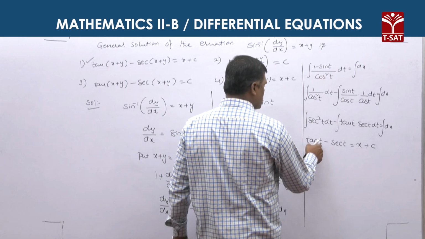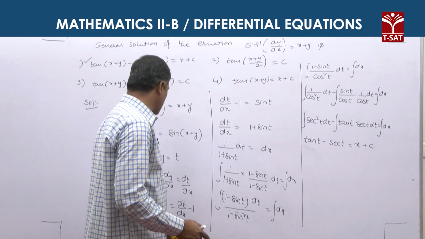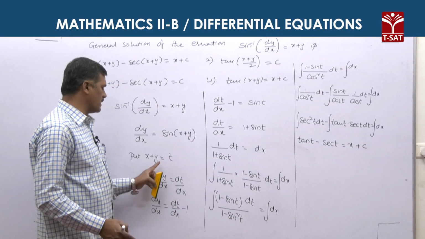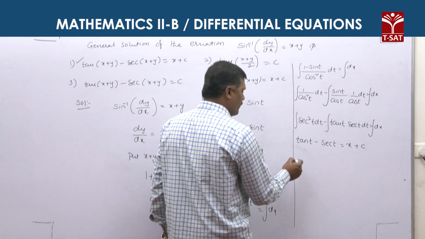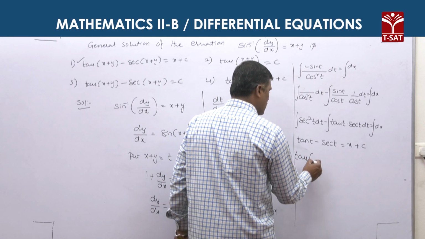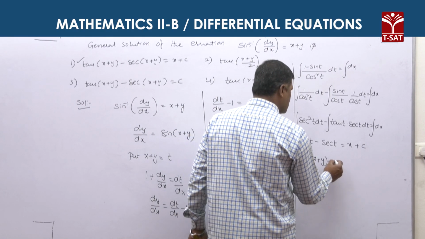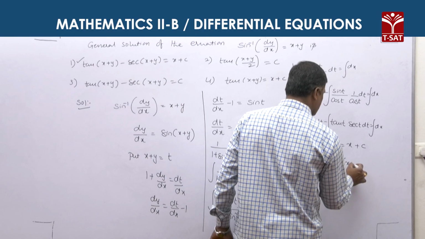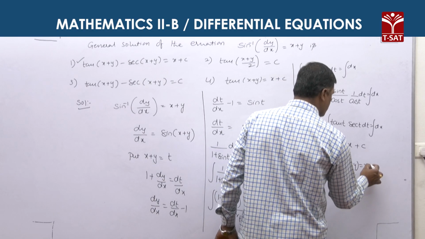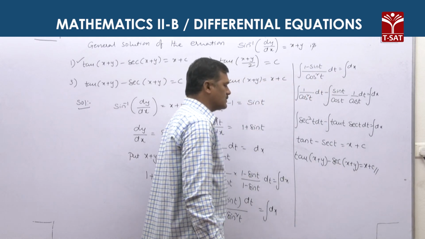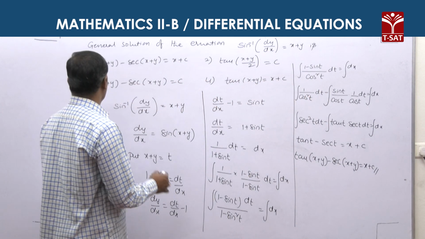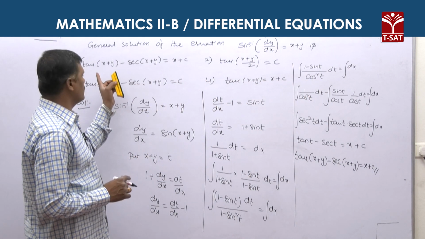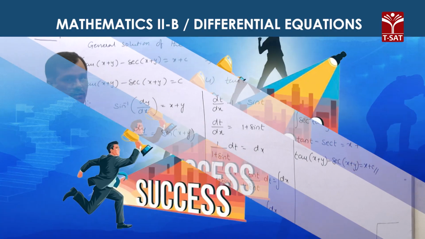Now substitute the t value. Finally here t is equal to x plus y, so tan of t value is x plus y, minus secant of t value, which is x plus y, is equal to x plus c, which is the required solution of the given problem. So the first option is the solution of the given problem.